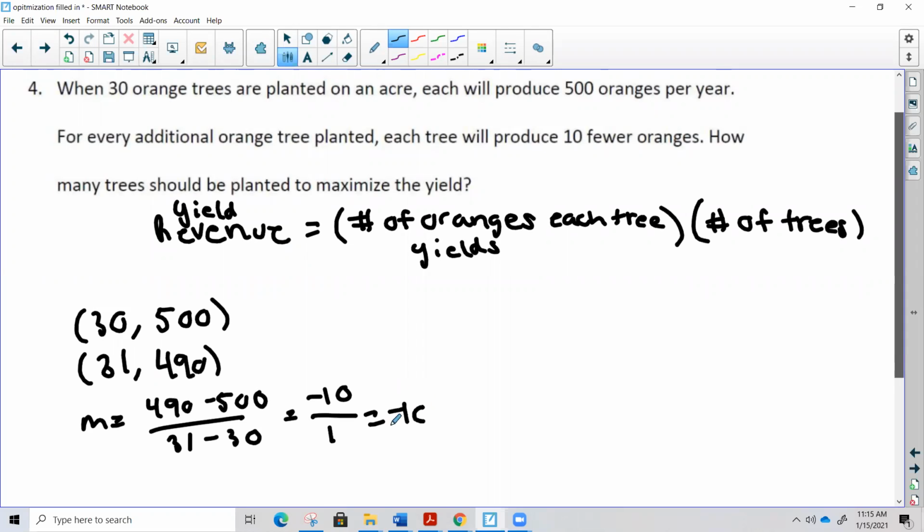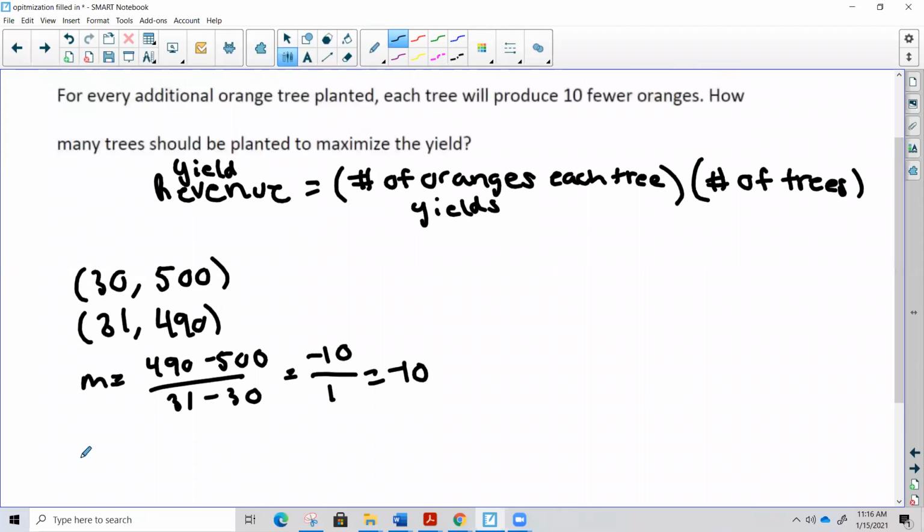So my slope is negative 10. If you don't want to come up with 2 points, you can just do the change in the number of oranges over the change in trees, and that would give you the slope the same way. And then again, I'm just going to use P, and it's mx plus b because it's a line.